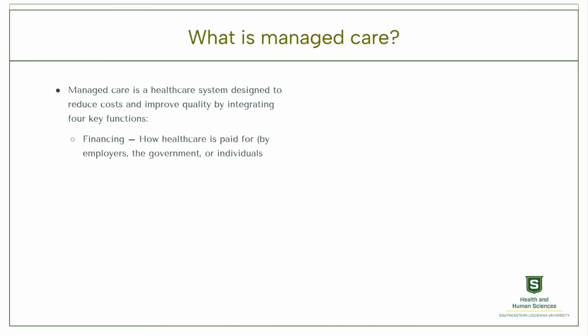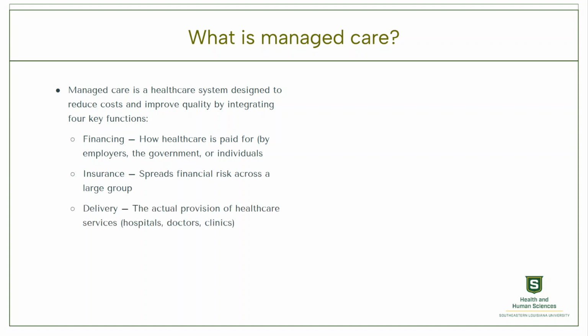The first is that it looks at how healthcare is paid for, in terms of who is paying for it, like employers, government, or individuals. It also looks at it from an insurance perspective, in terms of trying to spread financial risk across as large a population as possible.